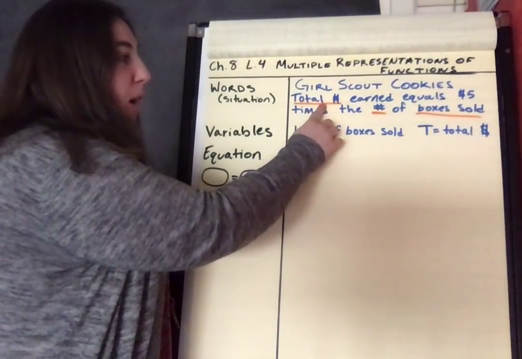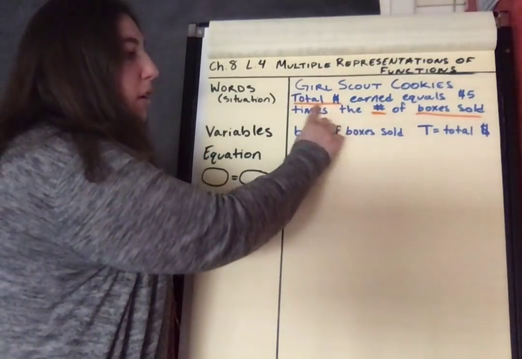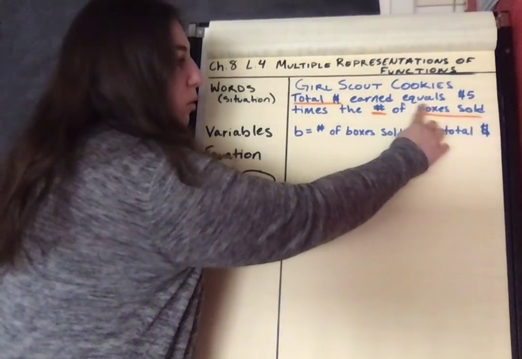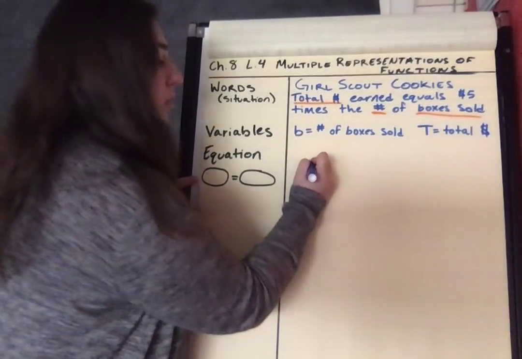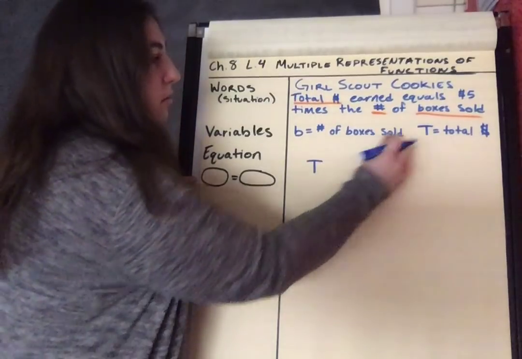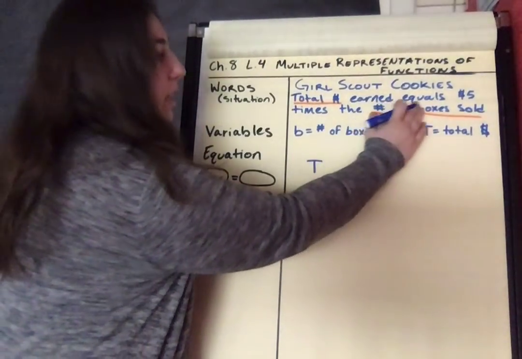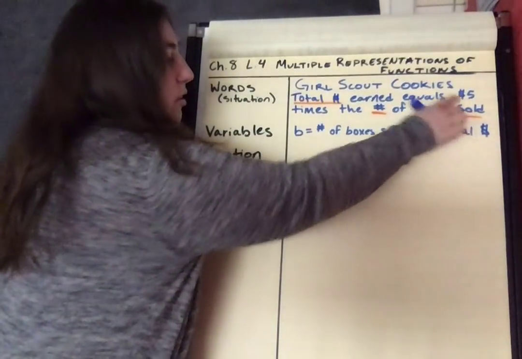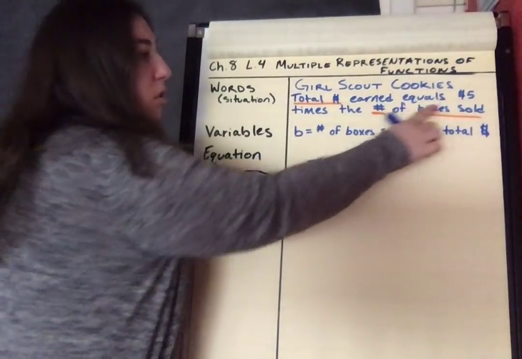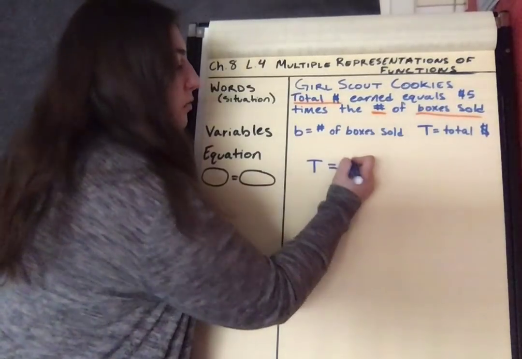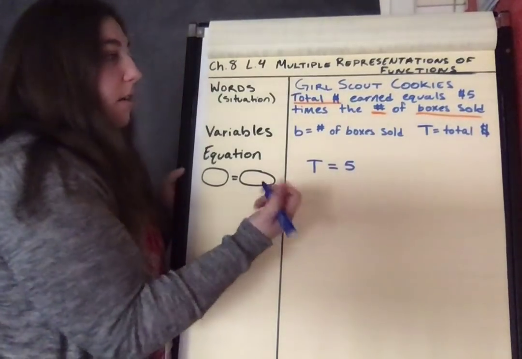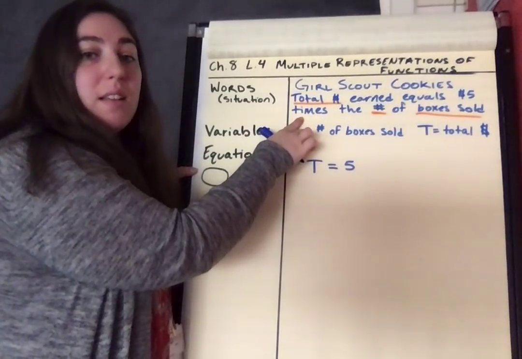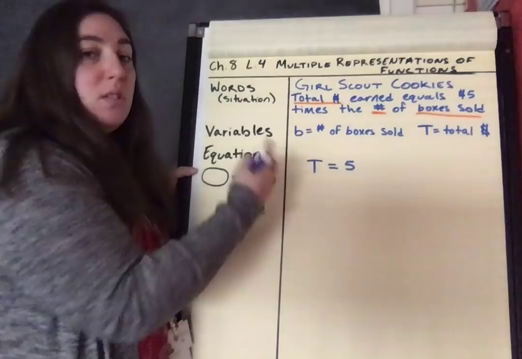From the word problem, we know that the total money earned, our variable T, equals $5 times, and we know from previous lessons that times in math means multiply.